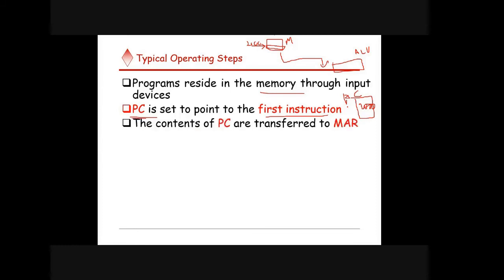After that, what will happen? You should remember this flow: the contents of the program counter will be transferred to MAR. I told you the two registers, and MAR keeps the address only. So the address of the instruction the processor should execute, initially present in the program counter, is now transferred to MAR, the memory address register. That is the first flow.